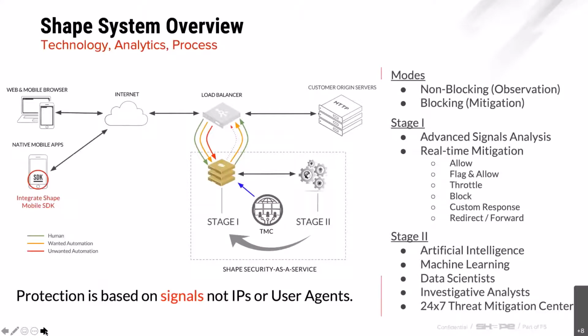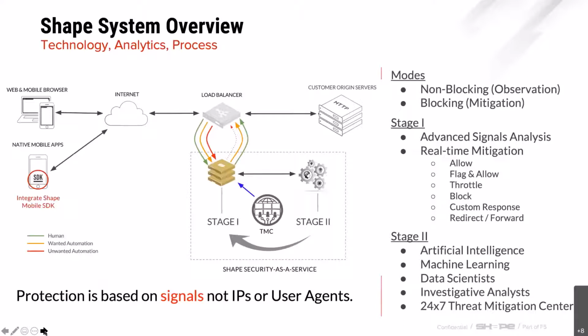That request is then routed to a Shape cluster, which can be located either on premise or elsewhere, in the cloud, for instance, and it's inspected in real time. If it's automation, it follows the red path and gets blocked at stage 1 in real time. If it's human, it follows the green path, inspected by Shape, sent back to the load balancer to the origin. The user logs in, carries on their business, none the wiser. We're not asking them to fill in any CAPTCHA form or anything like that. We're detecting everything transparently.